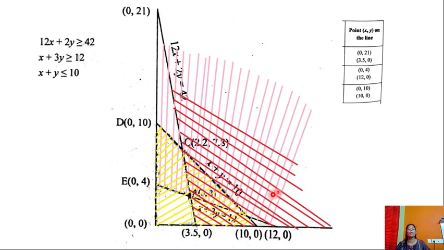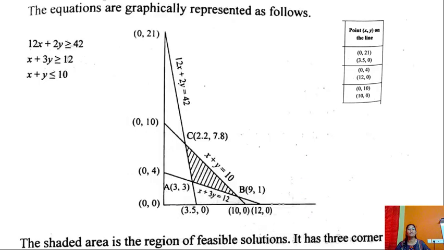Now here we have to identify the common region, and we will get this region as the common region for all the equations. So we have to identify the corner points here, which is, this is one point, B and C.